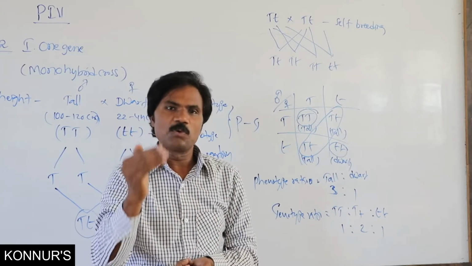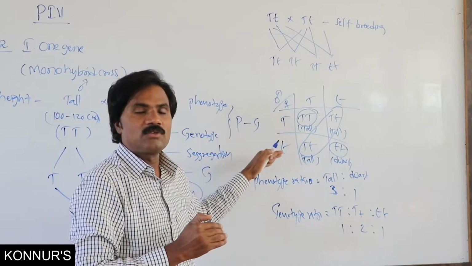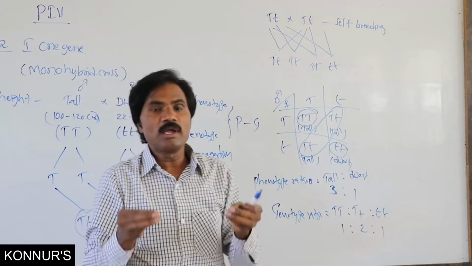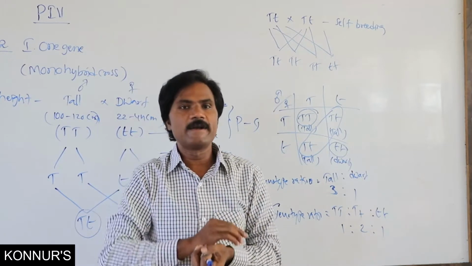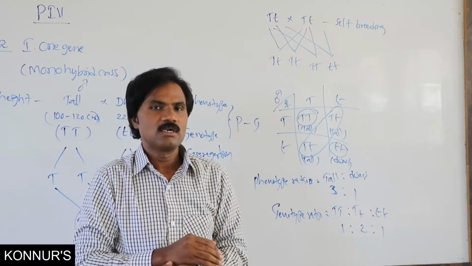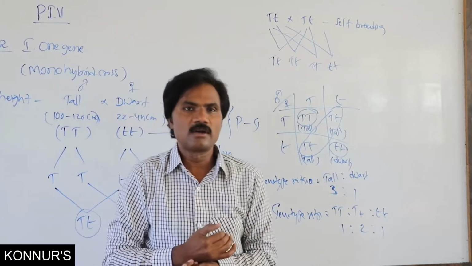This law of dominance in a monohybrid cross has no interaction and no linkage. There are some deviations. It is not applicable to linked crossing.